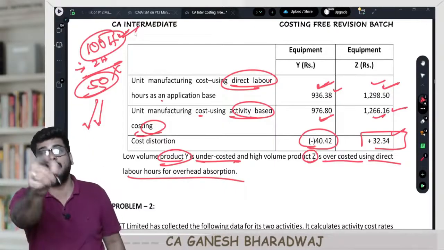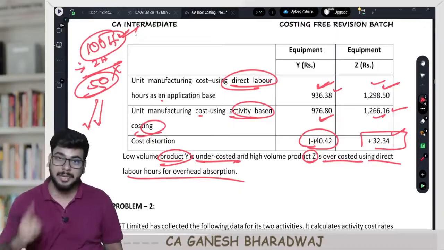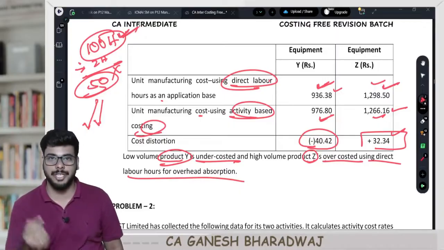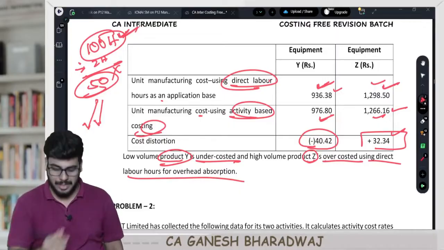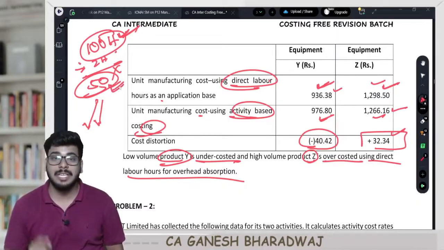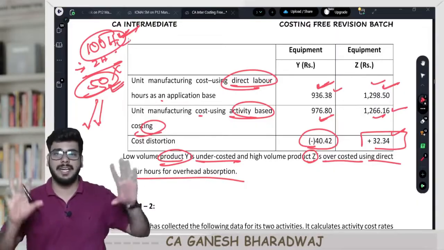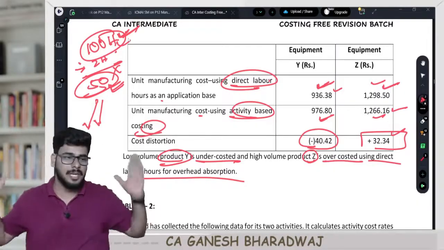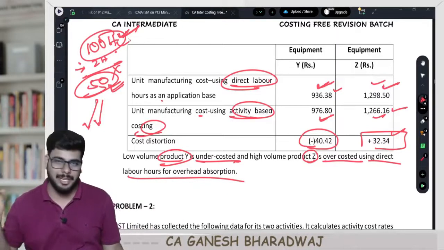So for you, the cost driver is the number of hours, the duration. Whereas a person attending face-to-face will not be bothered much about the duration. He will only be bothered about the number of lectures. He will say, sir, this 100 hours, you finish off in 10 days, 10 hours per day. He will be happy. Are you clear with this, guys?